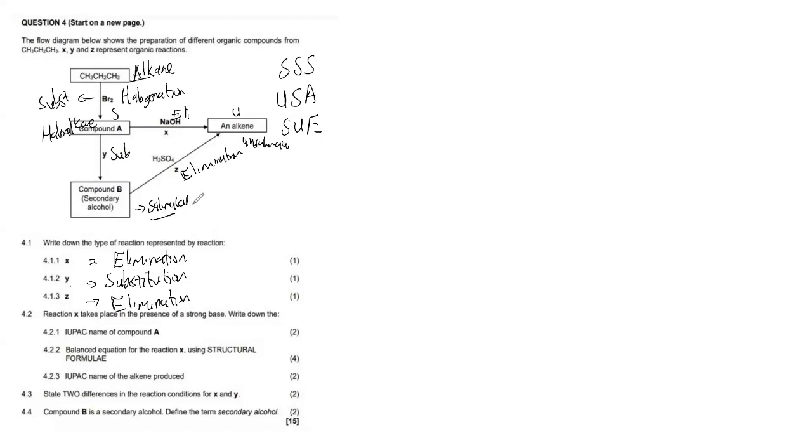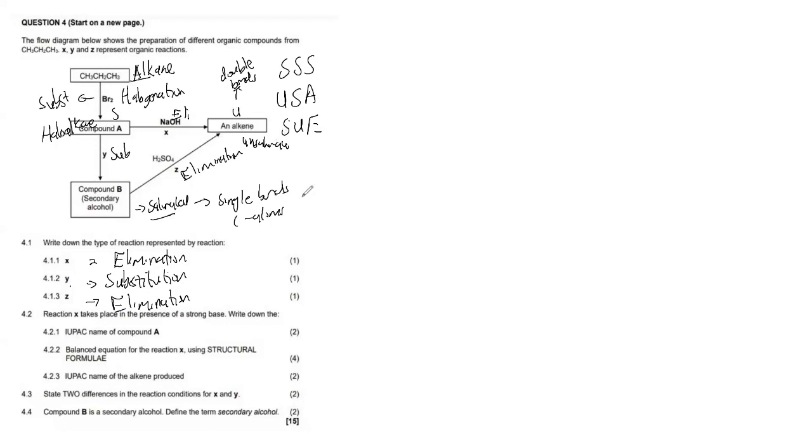When we are talking about saturated, this is when we have single bonds between the carbon atoms. And when we are talking about unsaturated, this is when we have, according to this, double bonds, right? So we know it's multiple bonds, but according to our reactions here, we work with single bonds and double bonds.